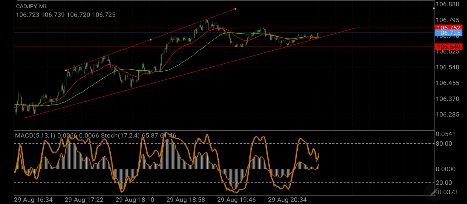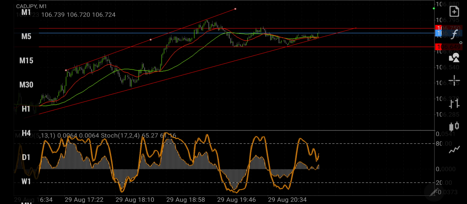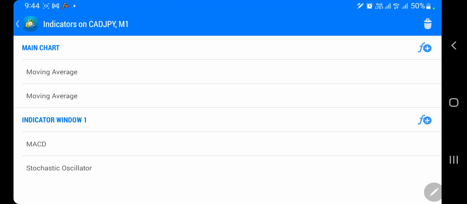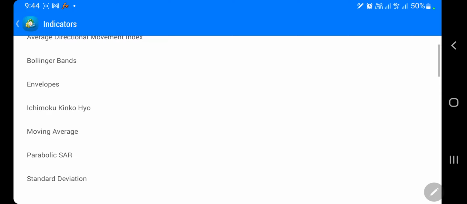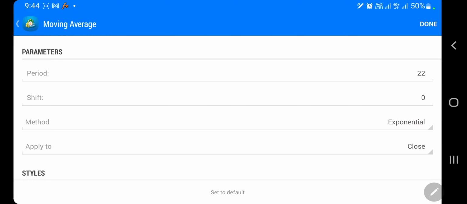Then you go again to the indicators and bring another one. As I already explained in my previous video, this is a very powerful strategy. That's why I'm making a video on this again and again, because you guys have to take a trade with this one and you're going to love it.